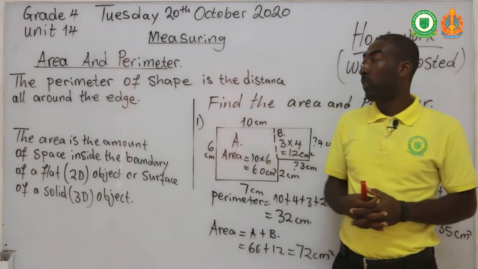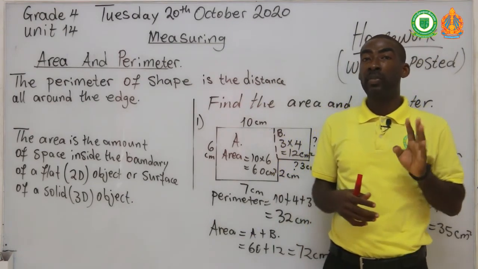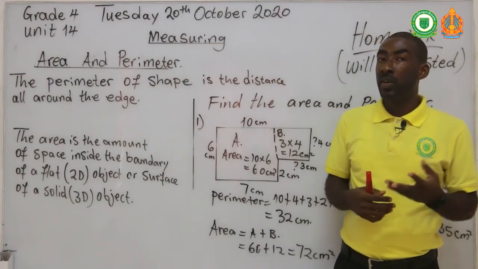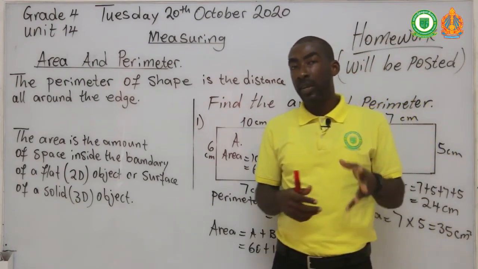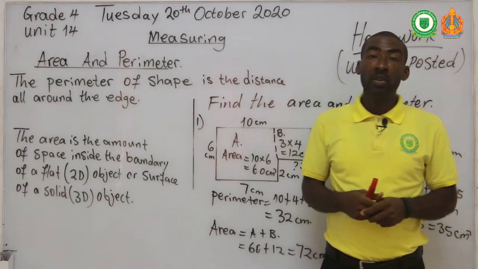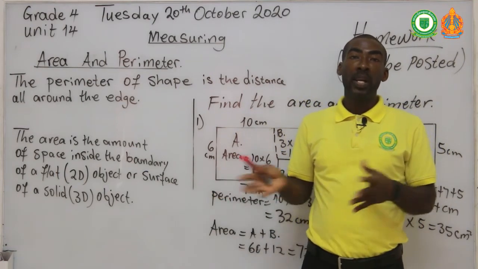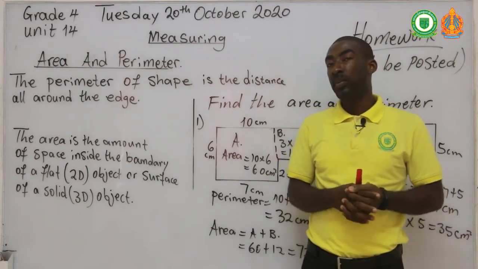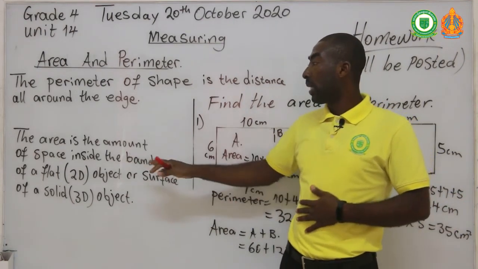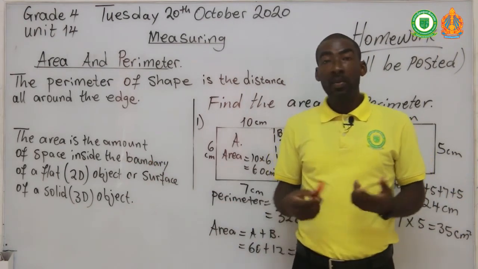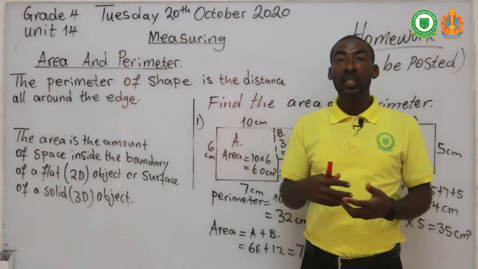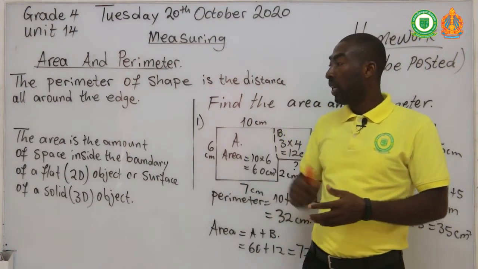So if you are working on a rectangle, you are looking at 4 lines. If you are working on a triangle, you look at 3 lines. And then we also looked at the difference between how to work on a square and a rectangle. Again, we looked at area as the amount of space within the boundaries of a flat shape.